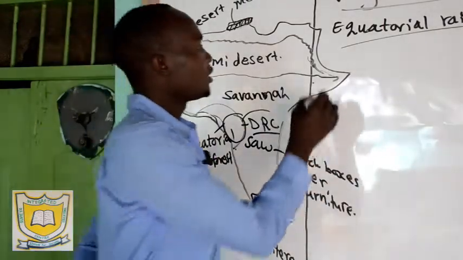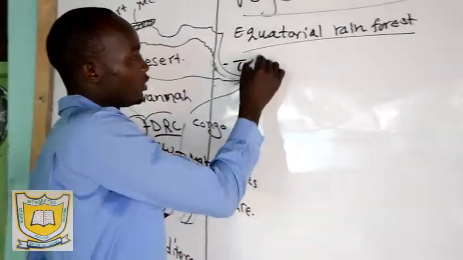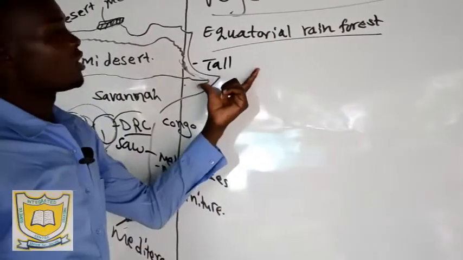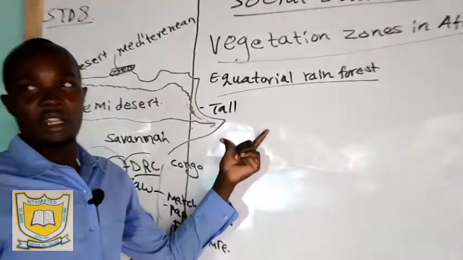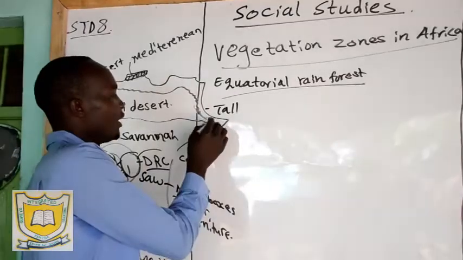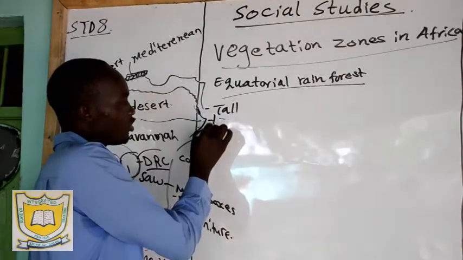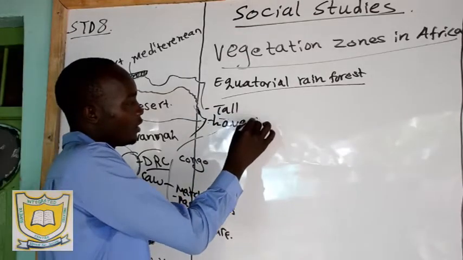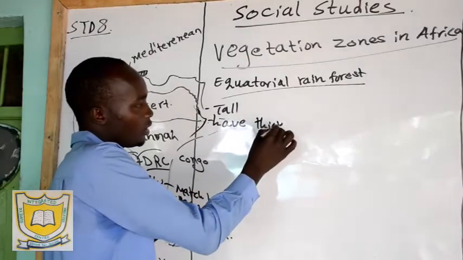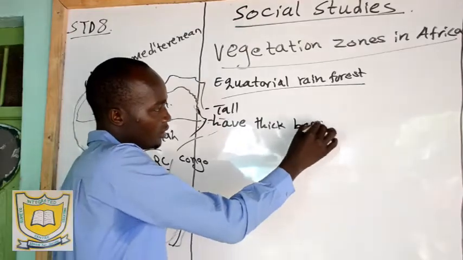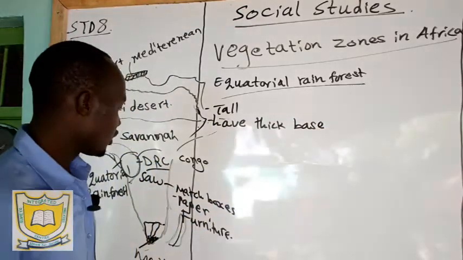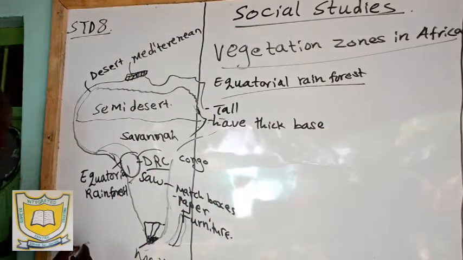Number one, the trees are very tall. They are very huge and very tall. Then the trees also have a thick base. When you look at the base of this tree, for example, I may draw here.